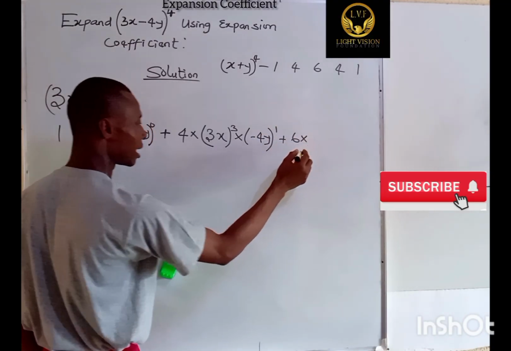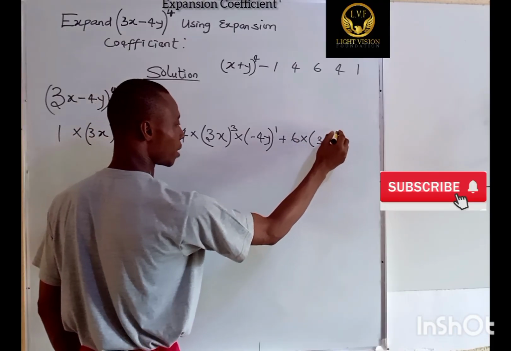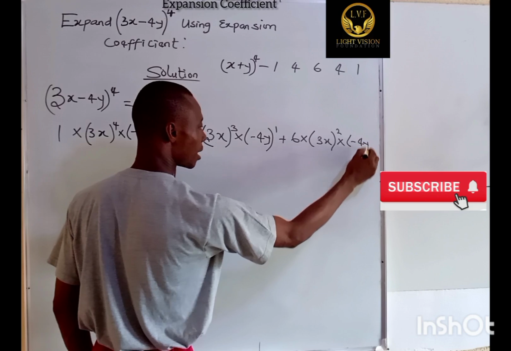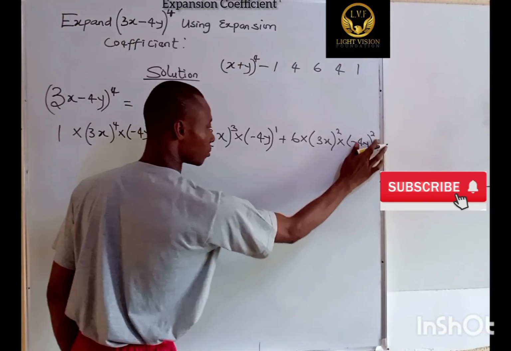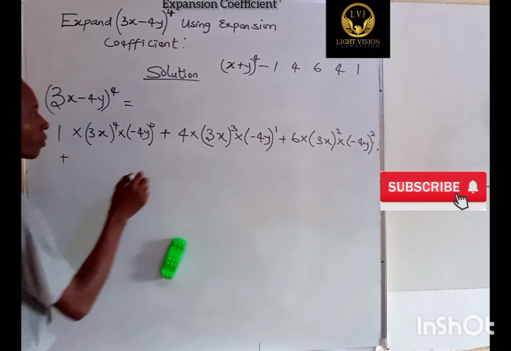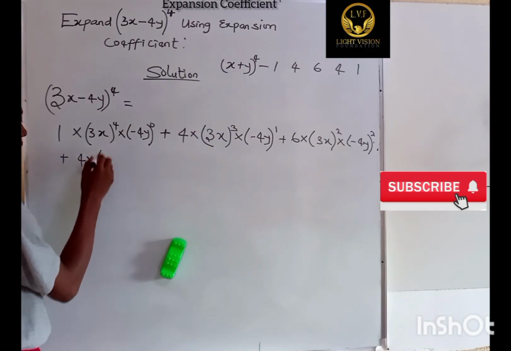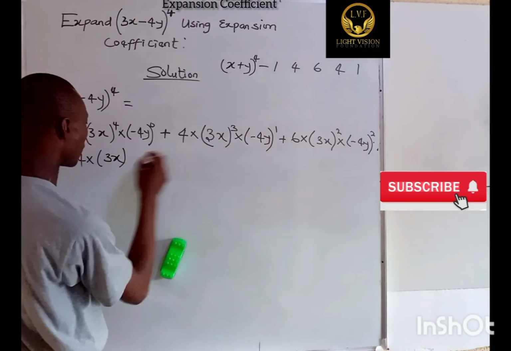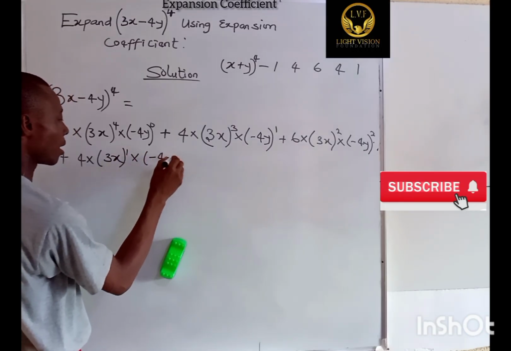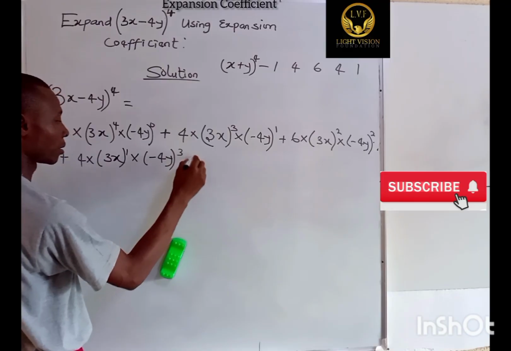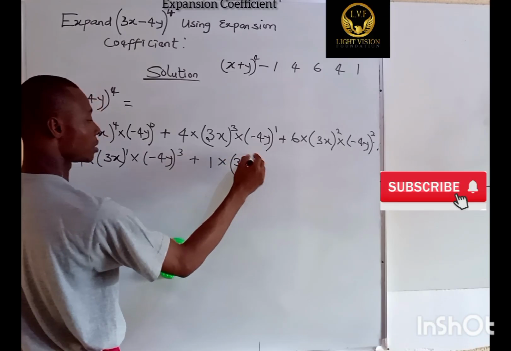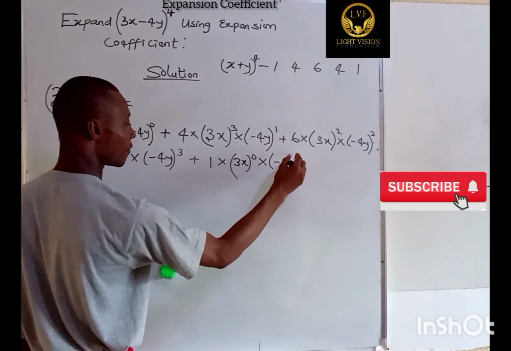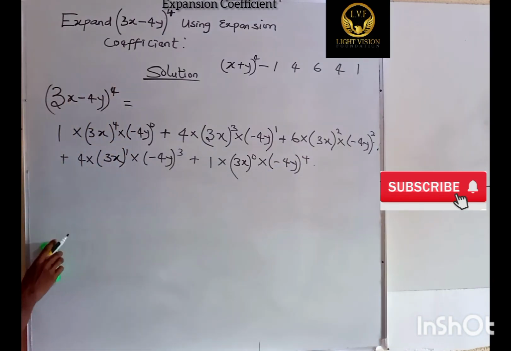Now 6 times (3x)^2 times (−4y)^2, plus 4 times (3x)^1 times (−4y)^3. Now 1 times (3x)^0 times (−4y)^4. Then we begin to expand.